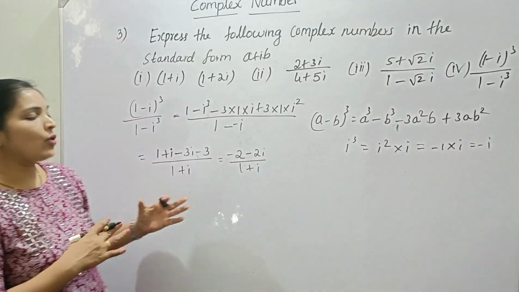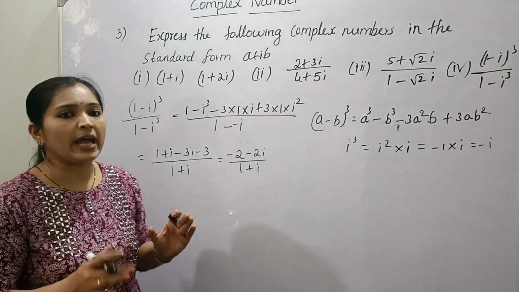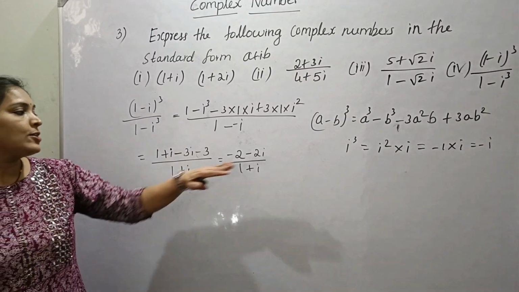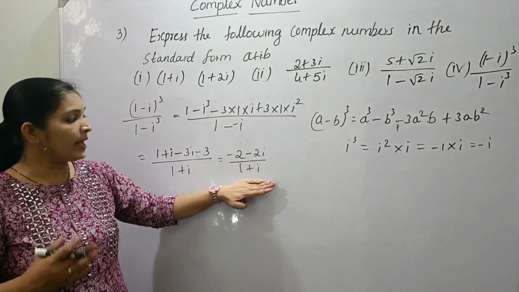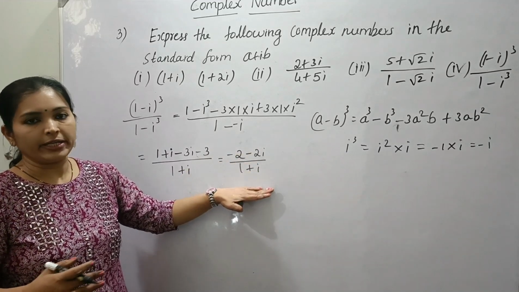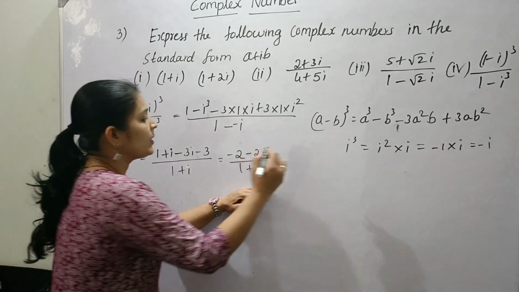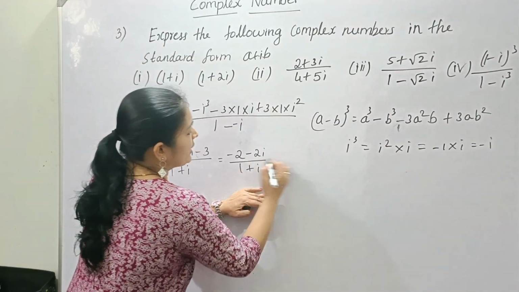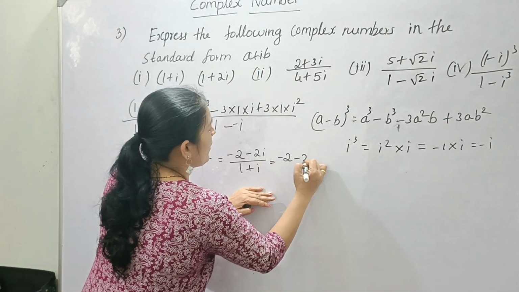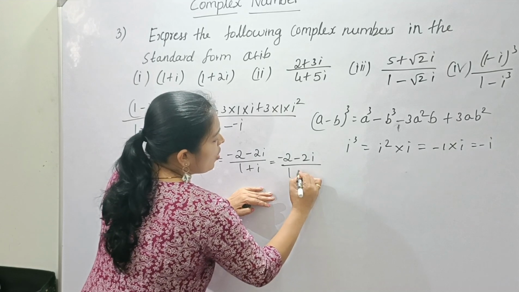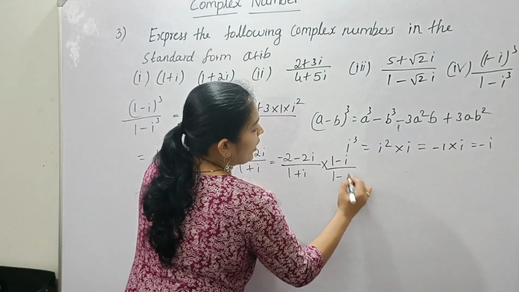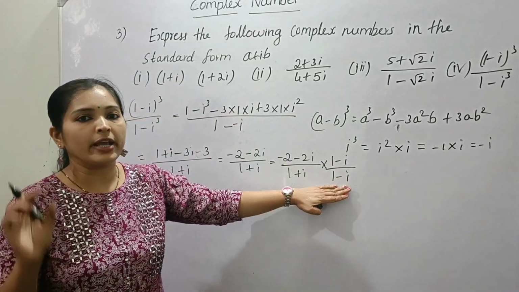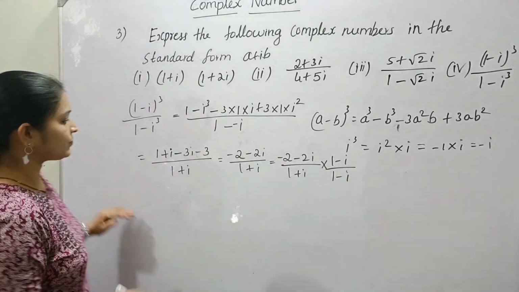Now see, here we have to make it in the form of a + ib, the standard form. So just multiply and divide by the conjugate of the denominator, that is equal to (−2 − 2i) divided by (1 + i) into (1 − i) divided by (1 − i), so that we will get a real number in the denominator.